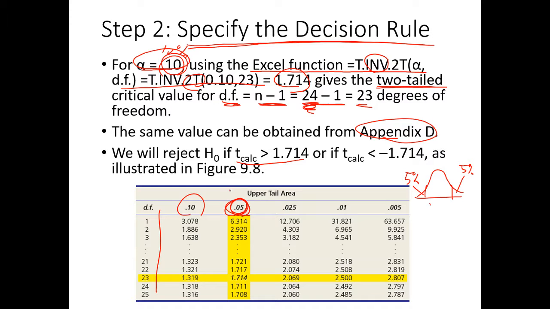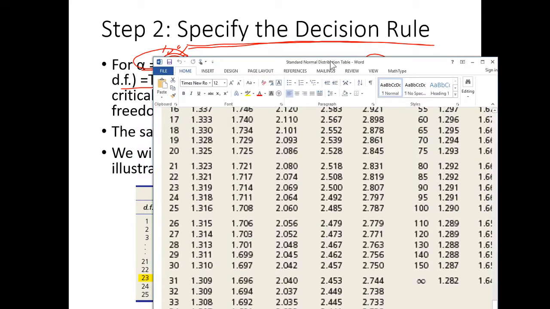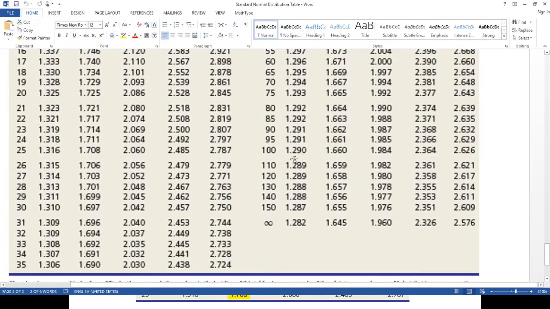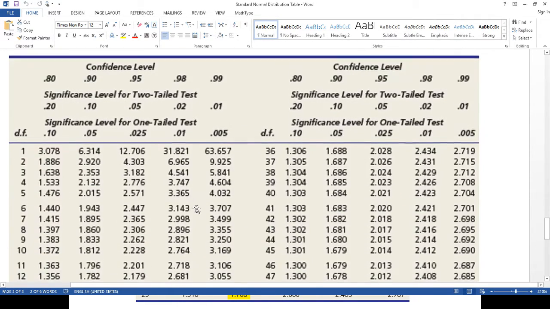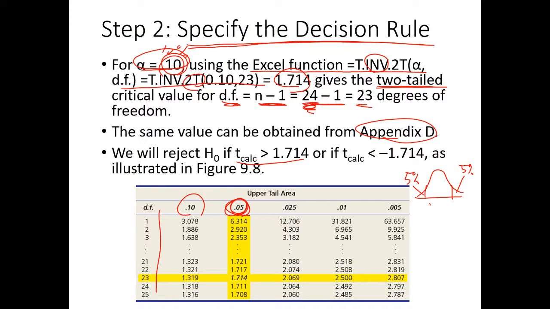In the table provided by this textbook, the two-tailed test 10% is the one-tailed test 5%, so that's why it has this number in this slide. So anyway, we obtained 1.714.